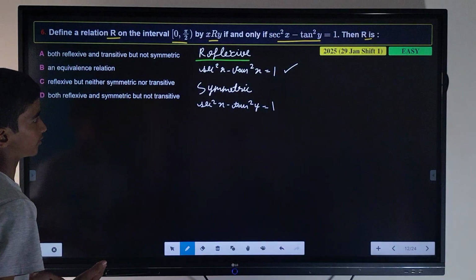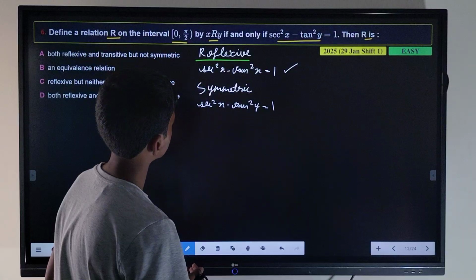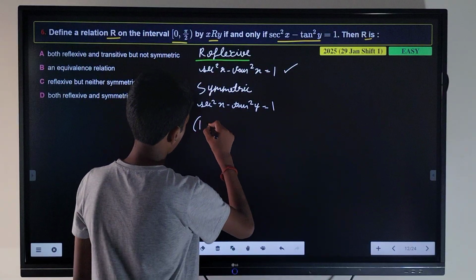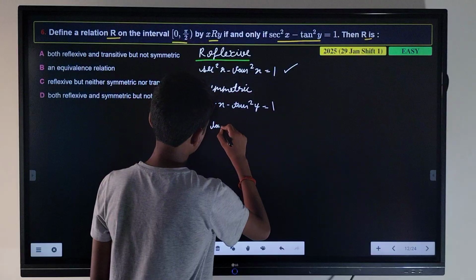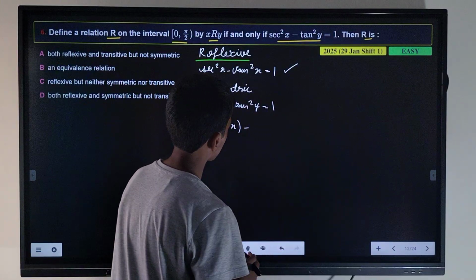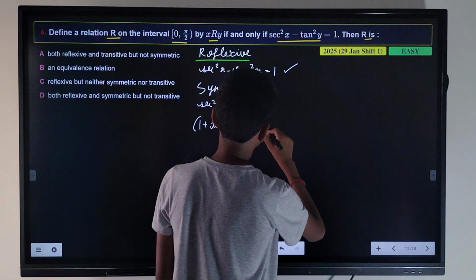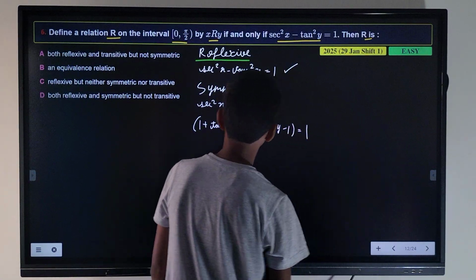Then our relation will be symmetric. We can write sec square x as 1 plus tan square x, minus, we can write tan square y as sec square y minus 1, is equal to 1.